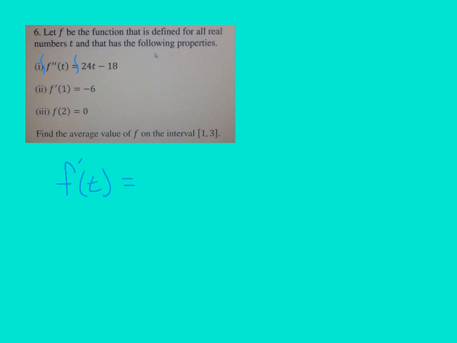And on the right hand side, remember, I'm going to add 1 and divide by that new exponent. So that is going to give me 12t squared. Right now this is t to the 0, so I'm going to add 1, and that will give me negative 18t plus c. This is an indefinite integral, so I have plus c.